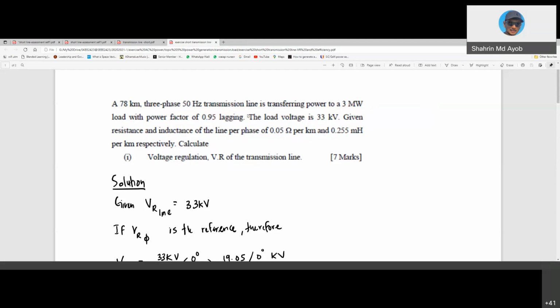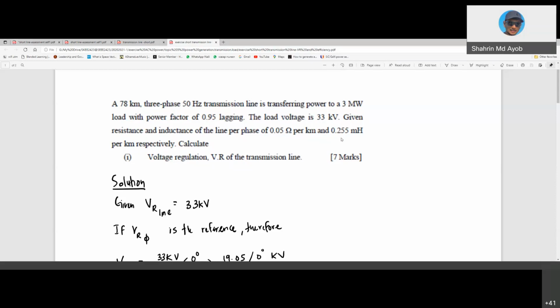The load voltage is given as 33 kilovolt. Given the resistance and inductance of the line per phase is 0.05 ohm per kilometer and 0.255 millihenry per kilometer respectively.